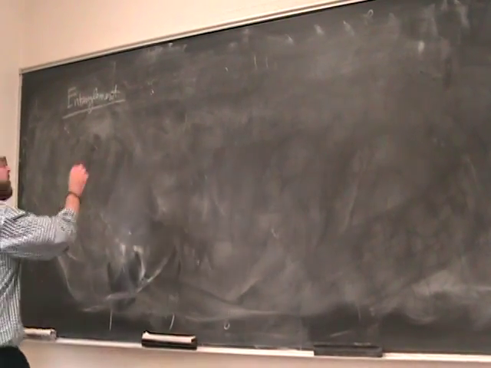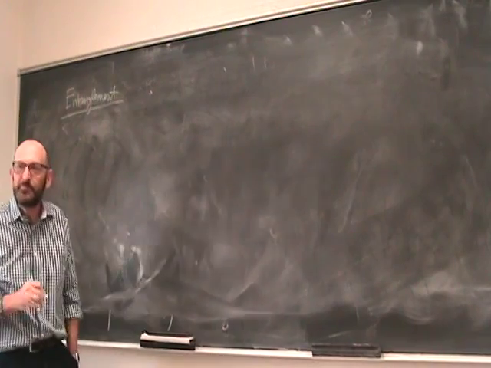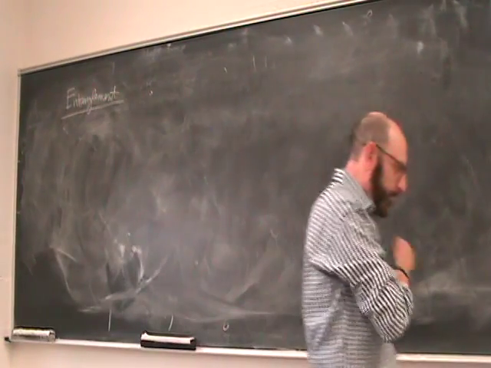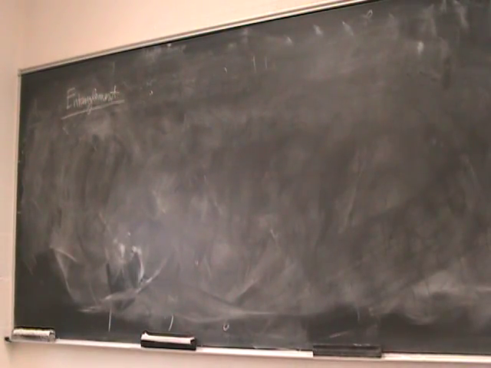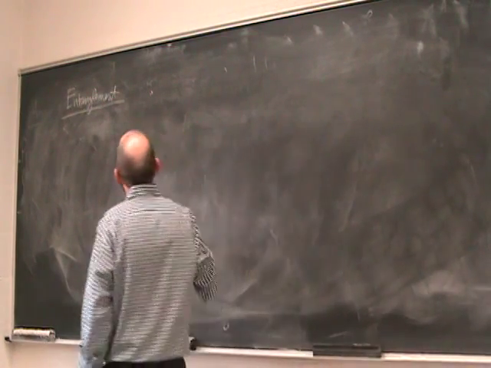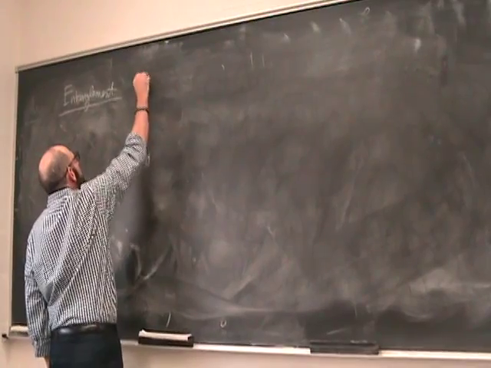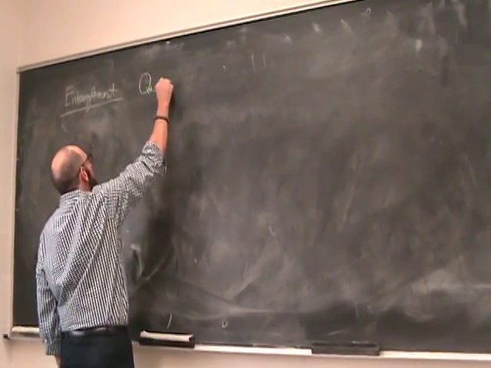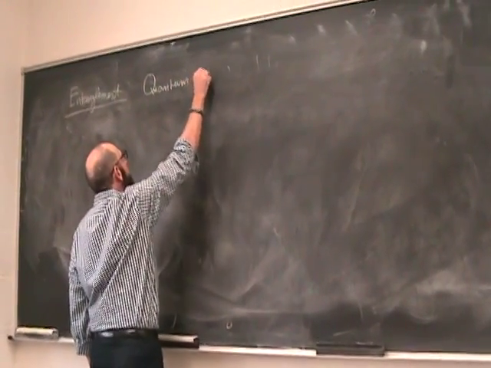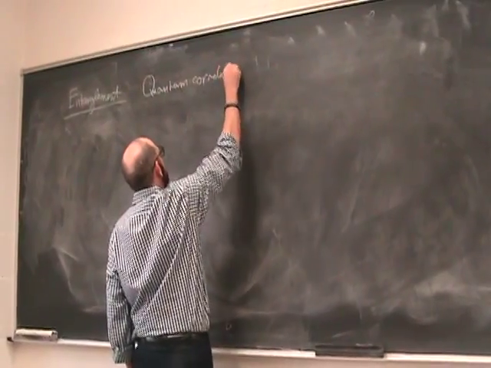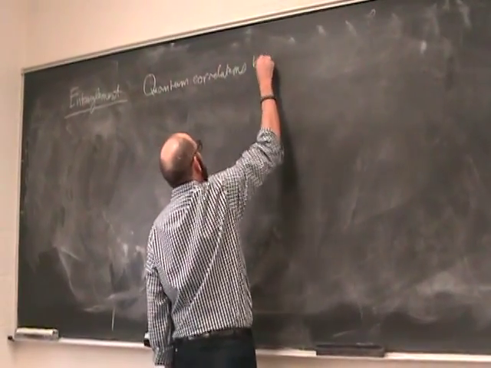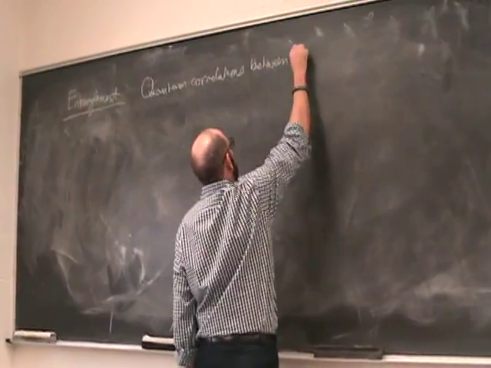All right, so with that kind of preamble, what are we talking about when we're talking about entanglement? Well, what we're thinking about is quantum correlations between different degrees of freedom.